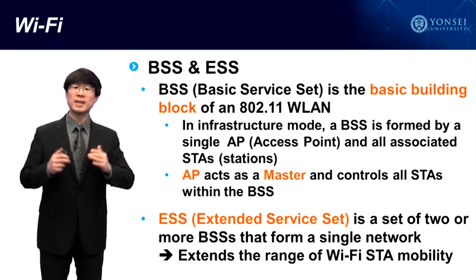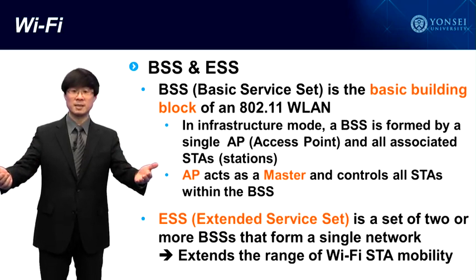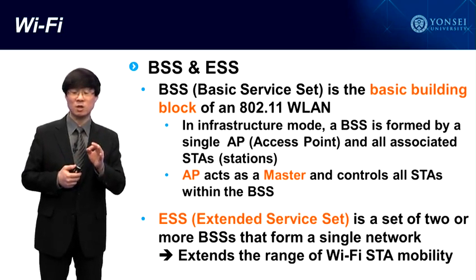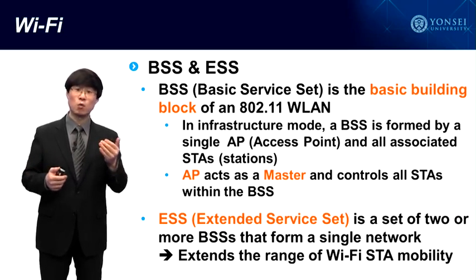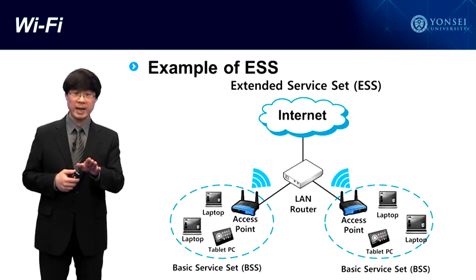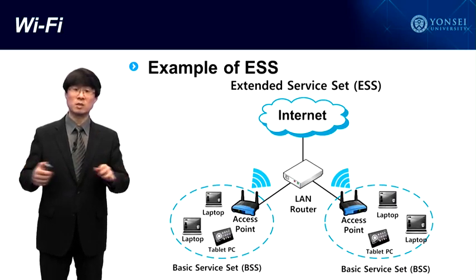You can extend the concept of BSS by having multiple BSSs combined together, and we call that an extended service set, an ESS. This extends the range of Wi-Fi station mobility. An example would look like this. There is a LAN router, a wired local area network router, and it connects to two access points.